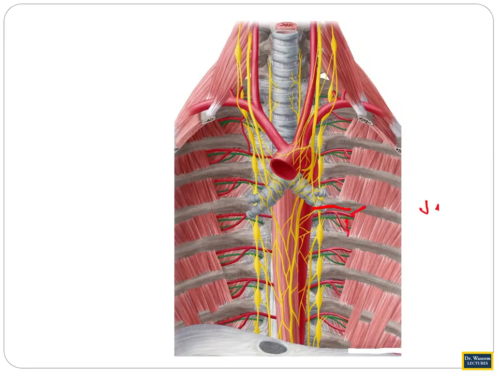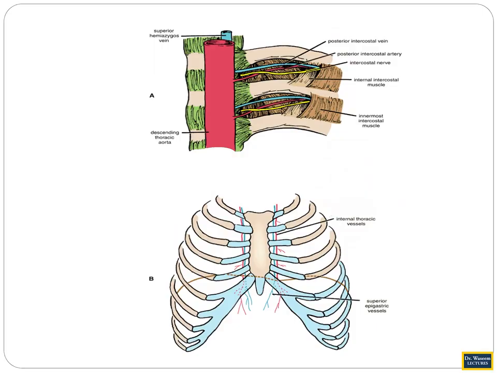So this is the VAN arrangement: vein, intercostal artery, intercostal nerve. See again here, the vein is lying above, the artery you are seeing, and this is the nerve lying in the costal groove.